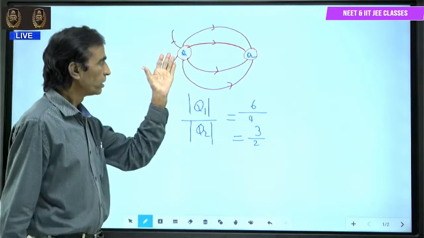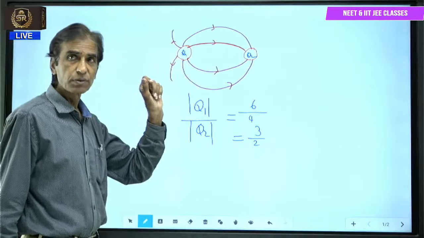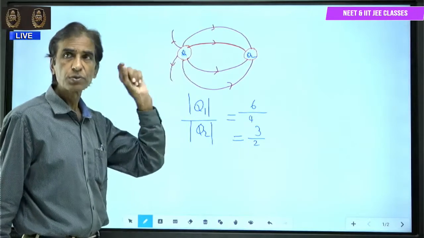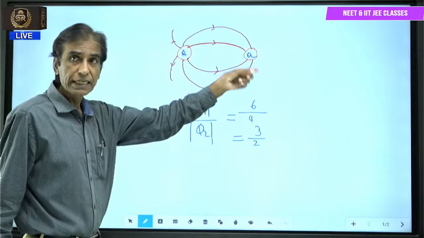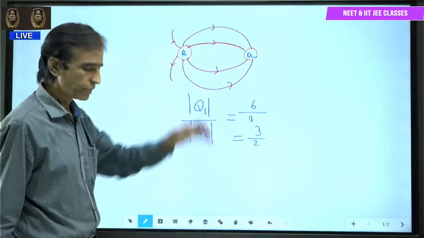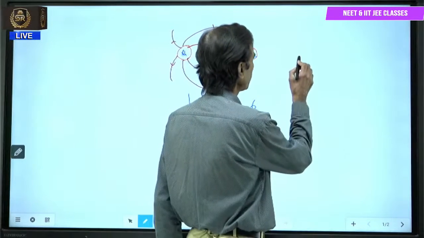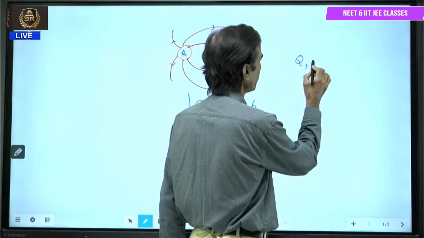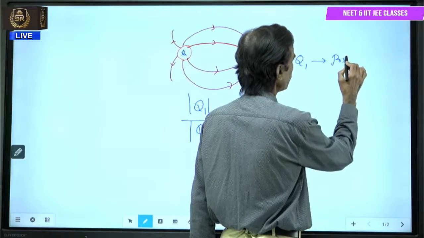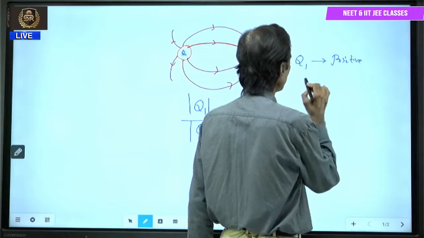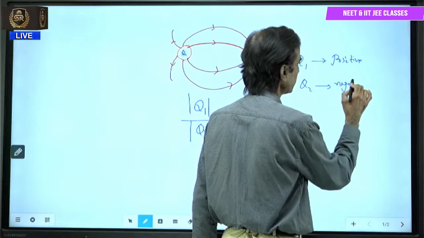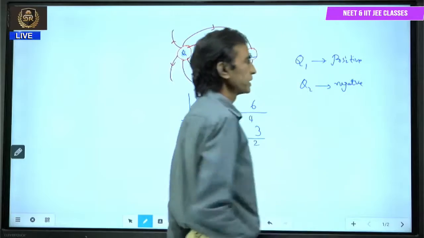From where are they originating? From Q1, so Q1 is positive. They are terminating at Q2, therefore Q2 is negative. So Q1 is positive and Q2 is negative.